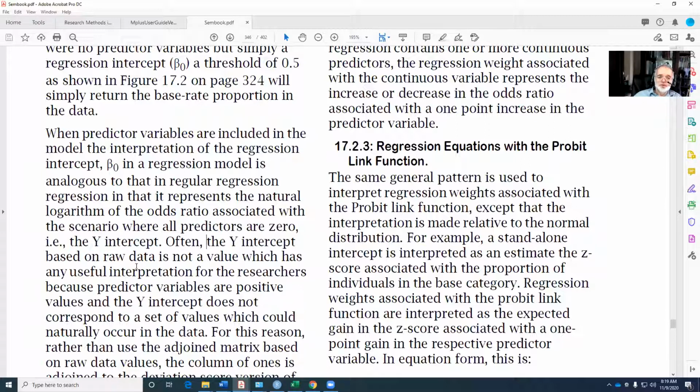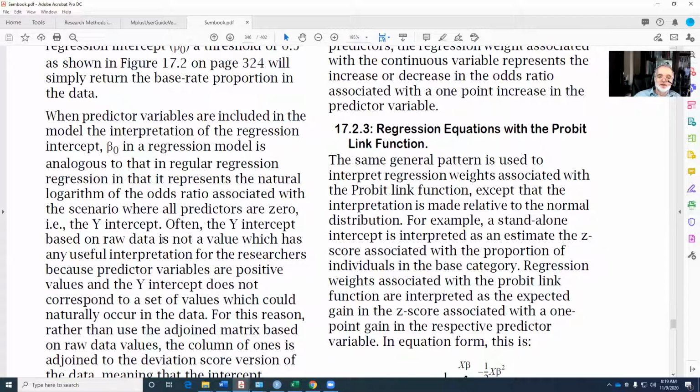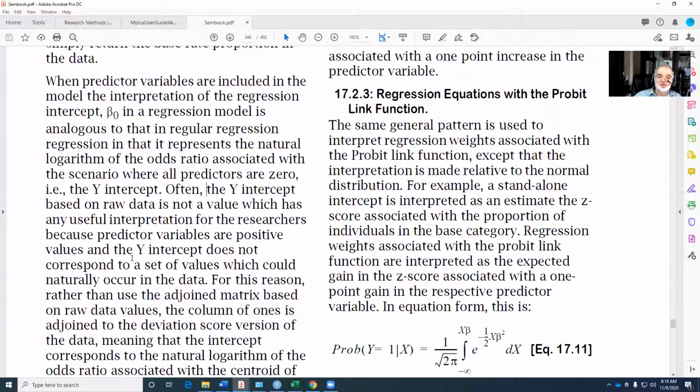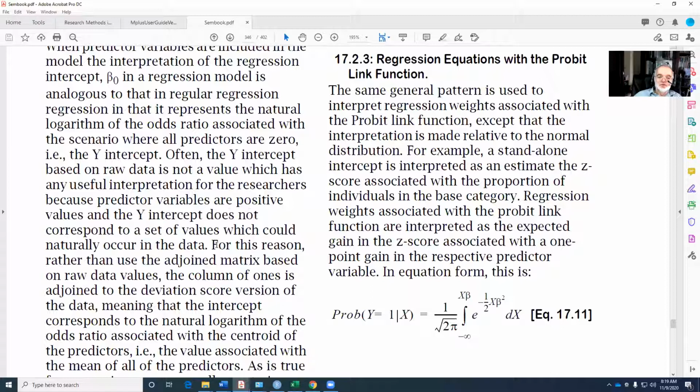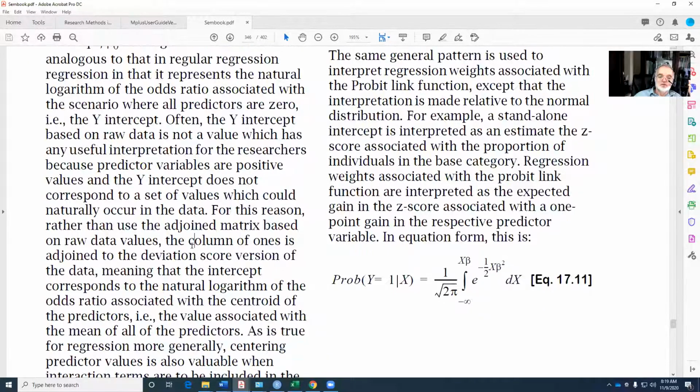Now, often the y-intercept based on raw data is not a value you're going to have, because the predictor variables are positive numbers and the y-intercept doesn't correspond to values that you actually have. And so for this reason, rather than using the adjoined matrix, the column of 1s is sometimes adjoined to the deviation score version.